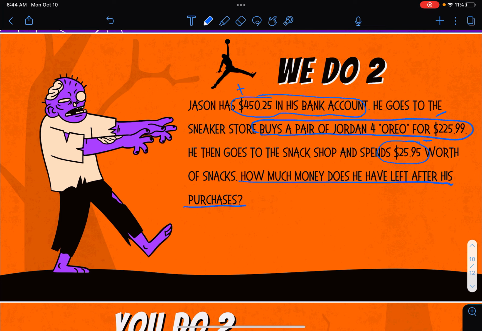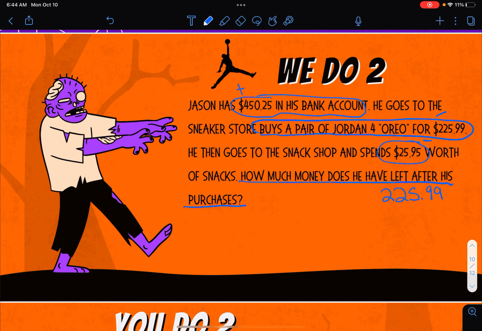We can subtract $225.99 from $450, and then subtract $25.95 from whatever we get. Or you can combine your two negatives and then subtract. I like to do that, so I feel like it's a little bit easier.